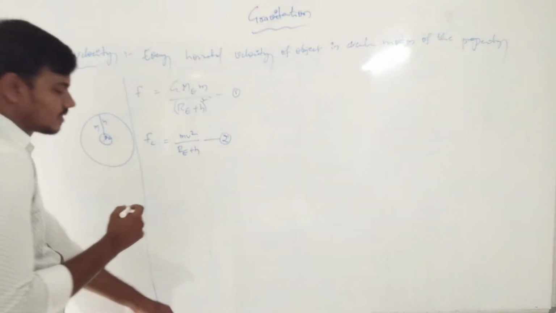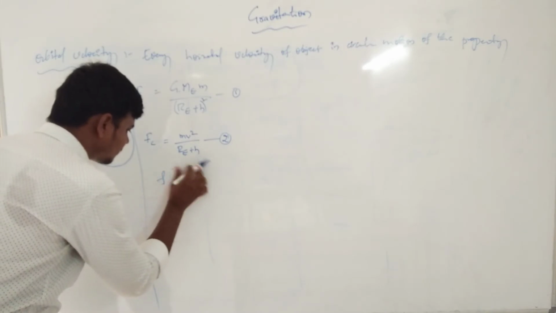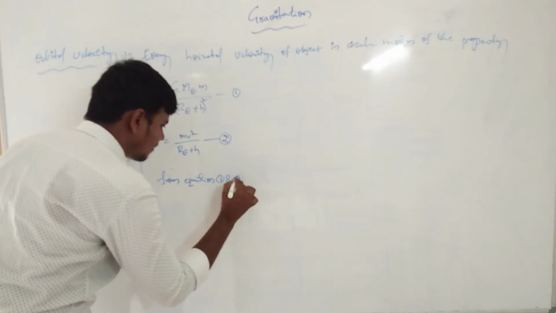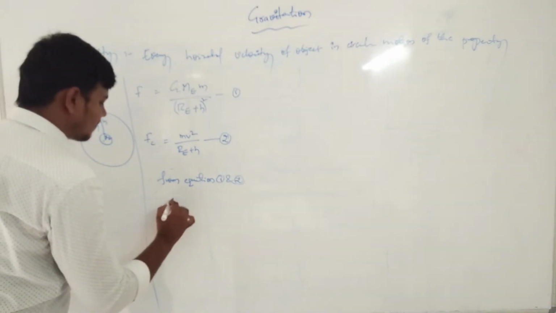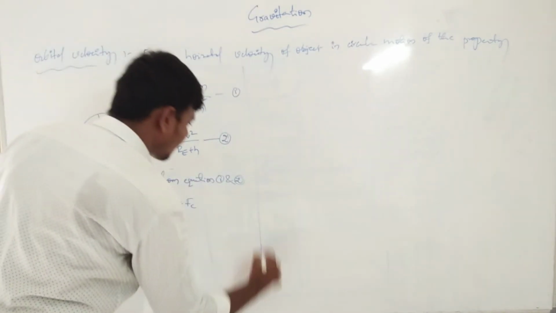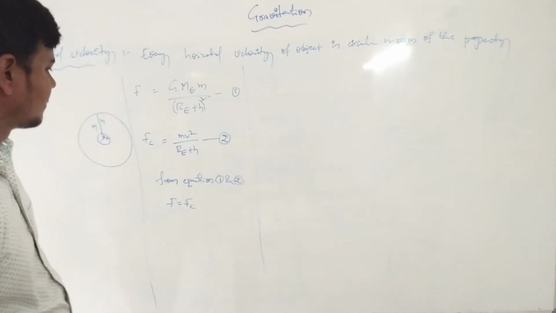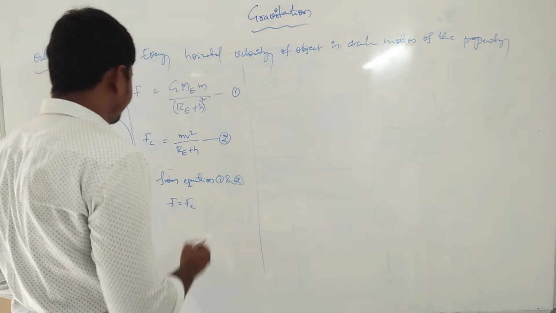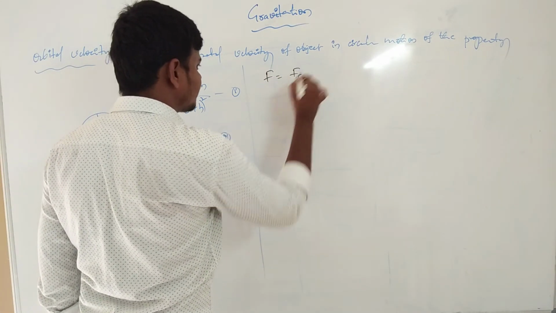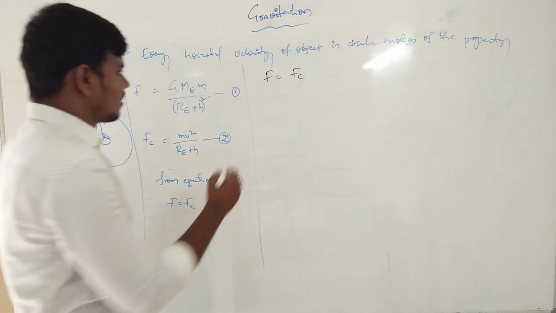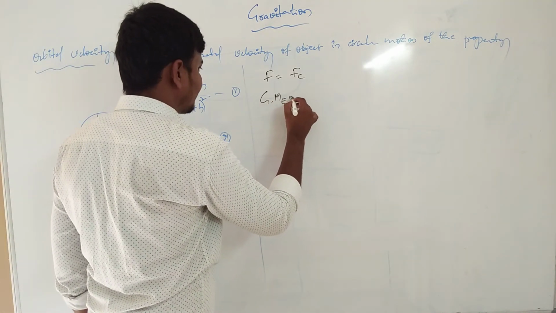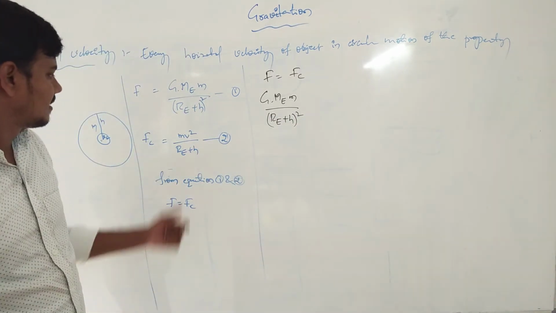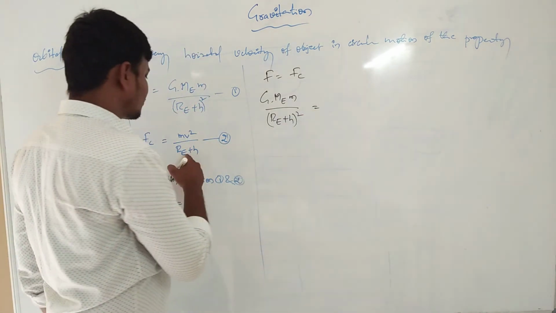From equations 1 and 2, F is equal to Fc. So capital G, capital M E, small m by R E plus H whole square is equal to mv square by RE plus h.